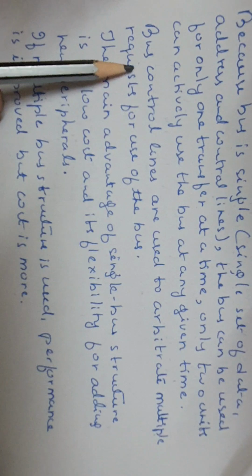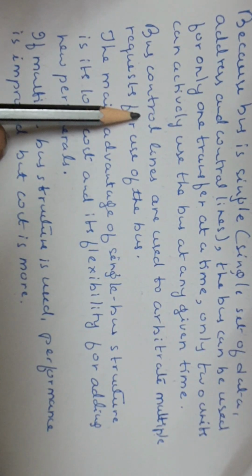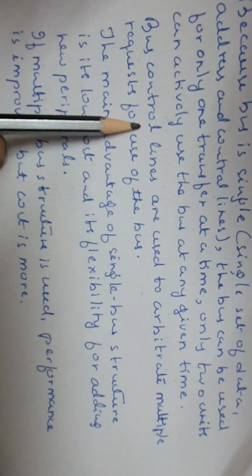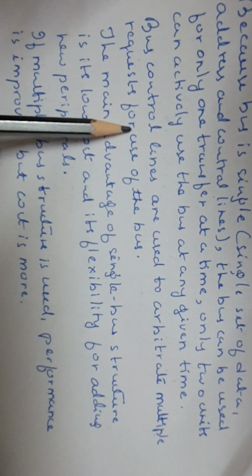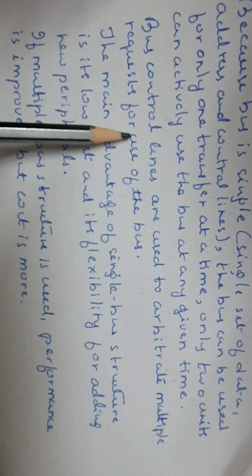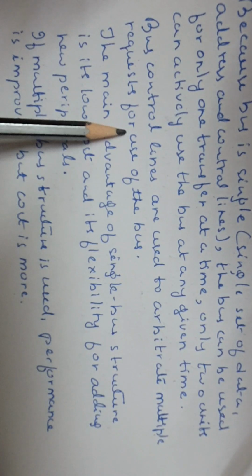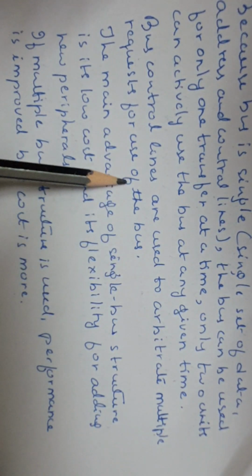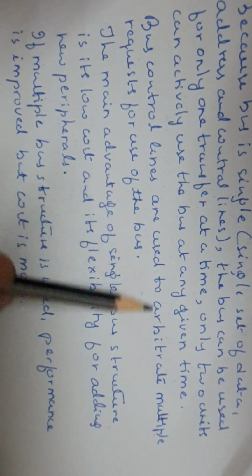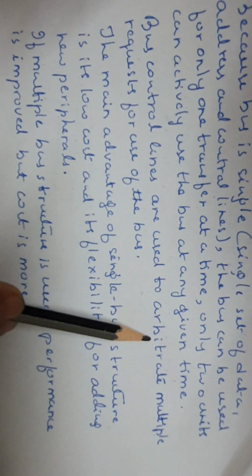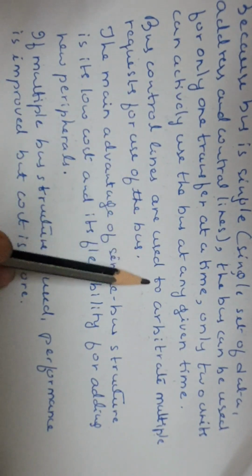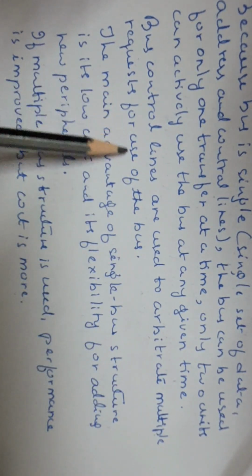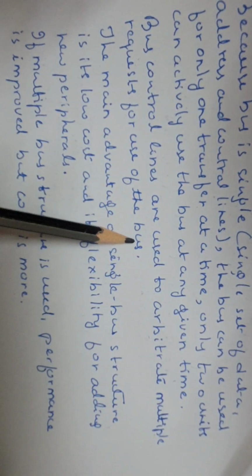Means whenever any 2 devices are communicating over the bus, till that is over, the third unit cannot use it. Okay. So it has to request. So to shift the control between different units for transfer of data between the 2 units, that process is called as arbitration. The bus control lines are used to arbitrate multiple requests for use of the bus.